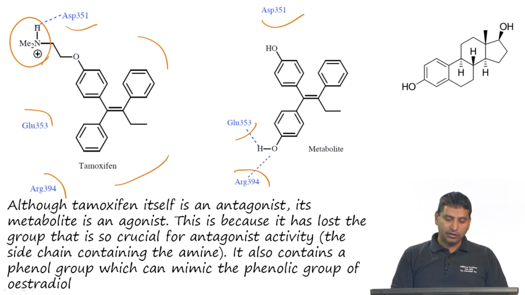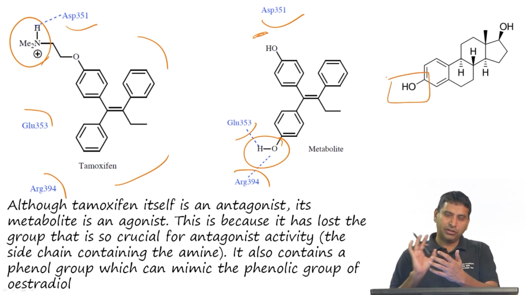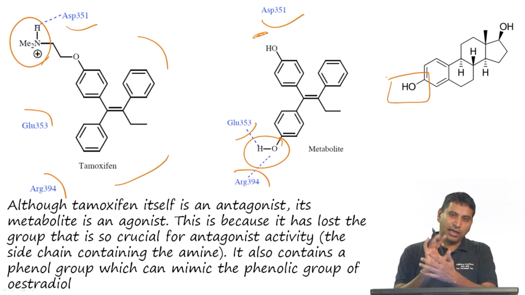Whereas the metabolite, as you can see here, has an extra hydroxyl group over here, and this interaction is gone. So, this extra hydroxyl group makes it much closer in structure to estradiol, and perhaps this mimics the natural way of binding, and it starts becoming an agonist.